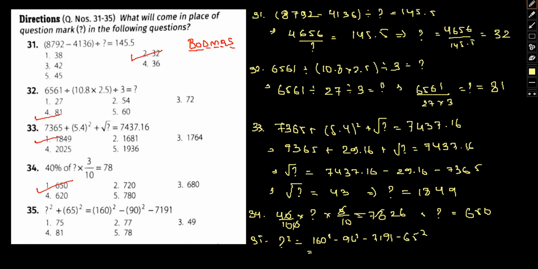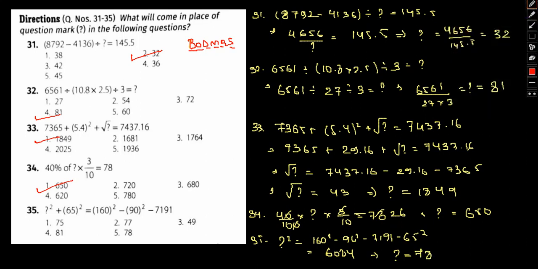So if we solve the same, it would simply come out to be 6084. So taking square root on both sides, question mark would simply be 78.